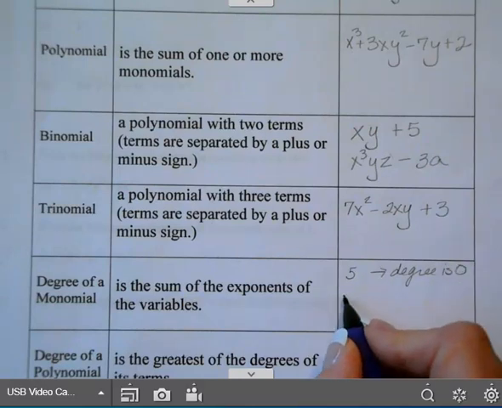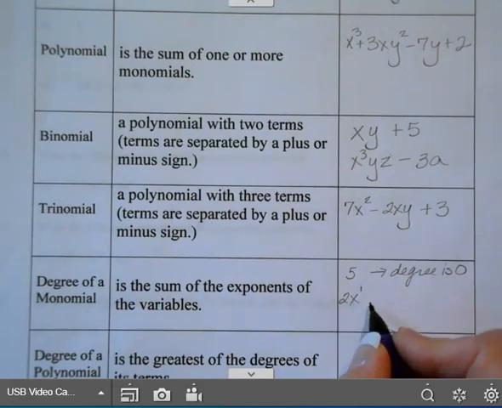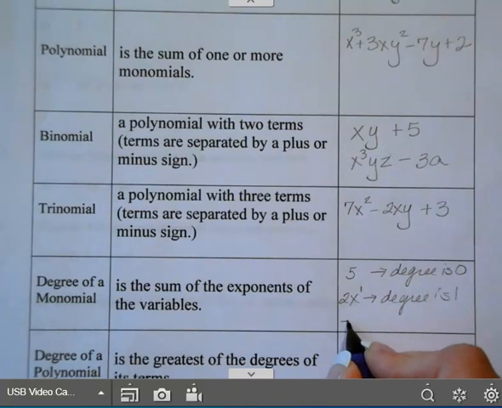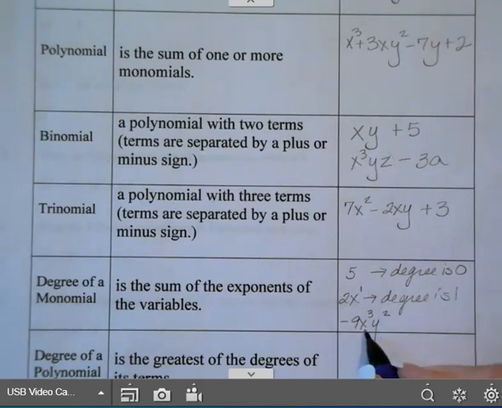If I have something like 2x, my exponent on this is 1, so the degree of this is 1. And maybe I have negative 9x cubed y squared. Notice these are all multiplied together. So you'll add your exponents, 3 plus 2, which gives you 5. So the degree of this one is 5.